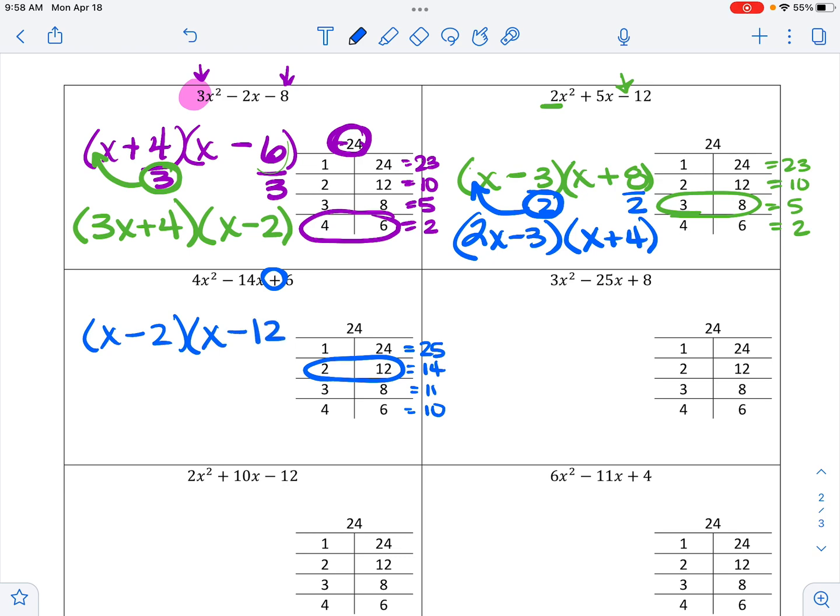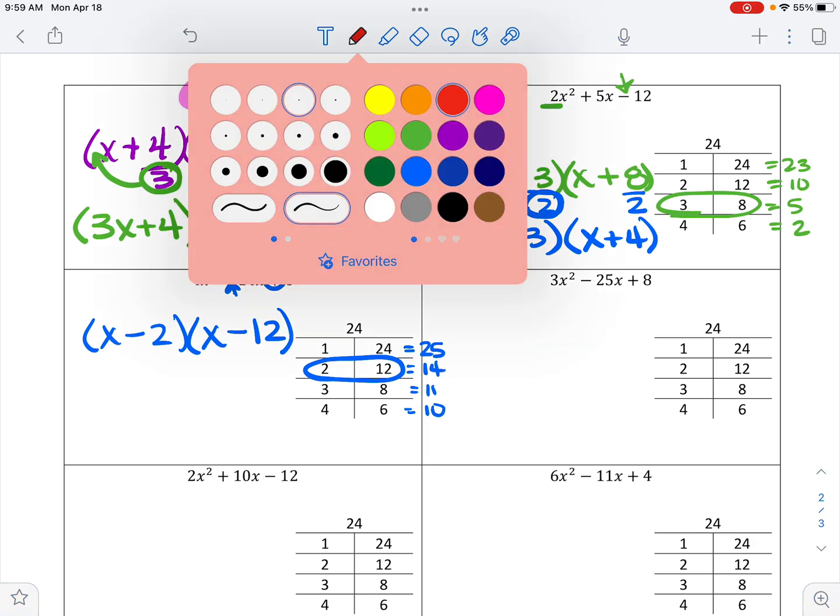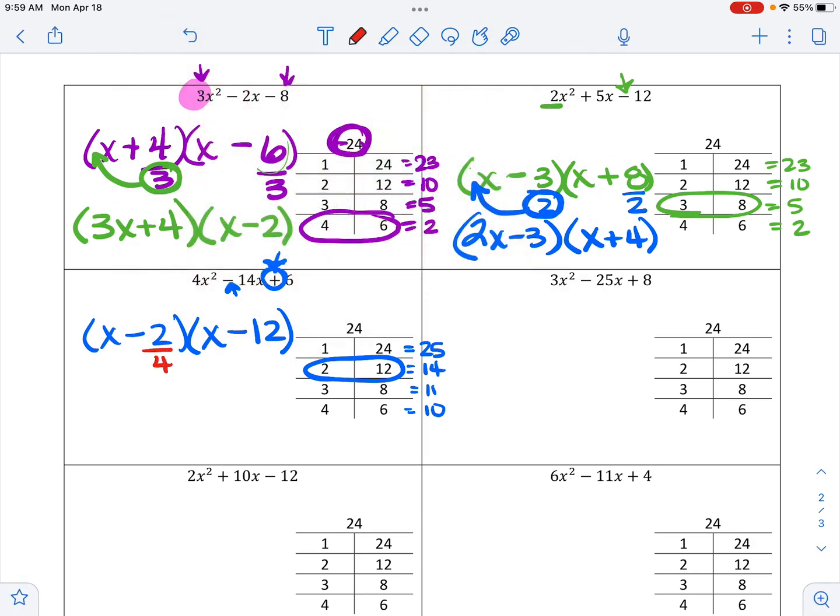And because I'm adding, they're both going to be negative. Now, I have to remember to divide by my a. So this one does simplify to 1/2.